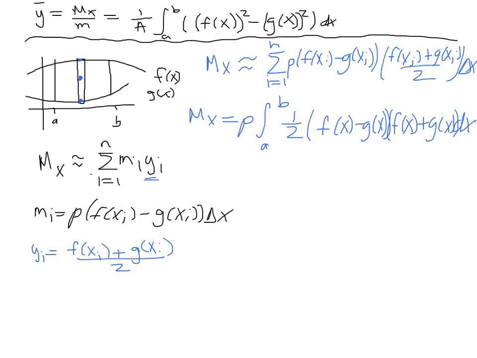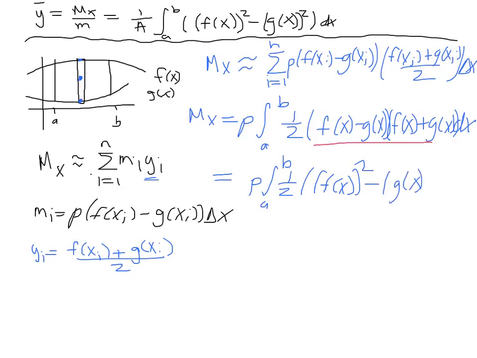And you can leave that in factored form, or if you multiply those together, we have the integral from a to b of 1/2 times f of x, the quantity squared, minus g of x, the quantity squared, dx.